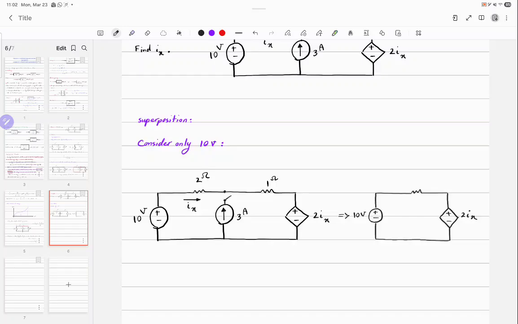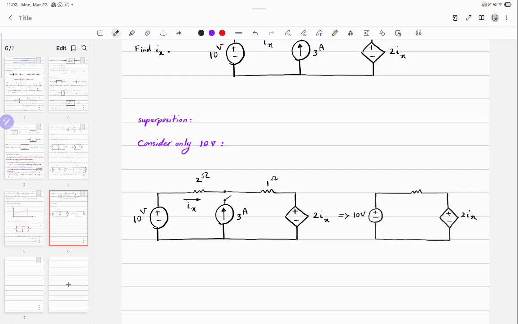Okay, I'm getting rid of the middle branch. Can I combine 1 ohm and 2 ohms? Isn't there any problem because one of them, Ix, passes and I have a dependent source which depends on Ix? Is it okay if I'm combining 1 ohm and 2 ohms? Why yes?